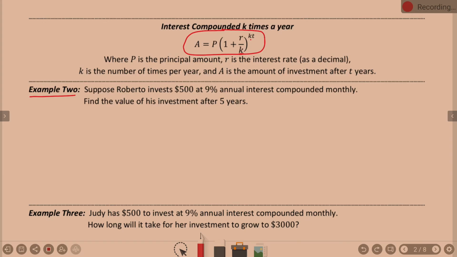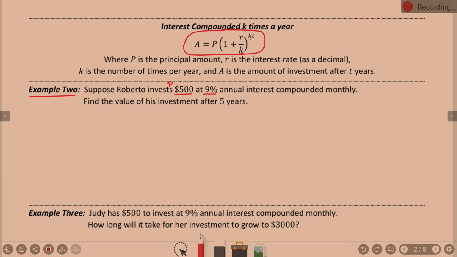Basic example here to make sure we know how to use it. Suppose Roberto invests $500 at 9% annual interest compounded monthly. Find the value of his investment after 5 years. What do we know? Your initial investment, P, is 500. What else do I know? R would be 9%, so 0.09. Okay, so 9% is my interest rate.